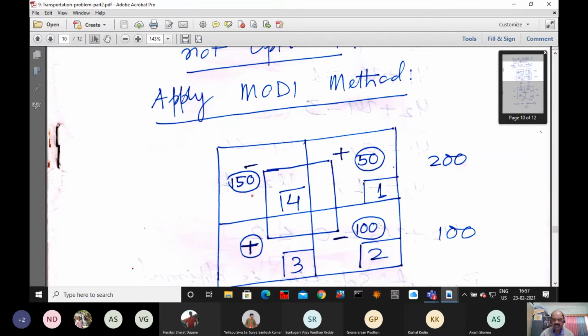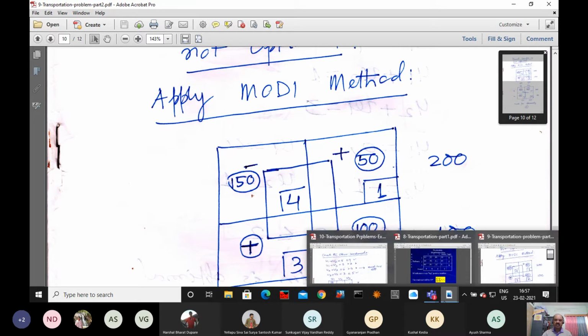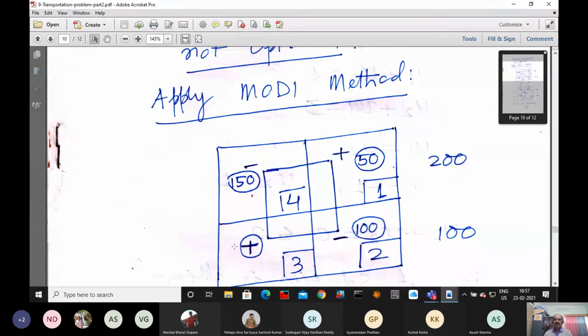This is 50, this is 100. Three cells are occupied, so this one is not occupied. We'll start numbering in this manner: positive, negative, positive, negative.